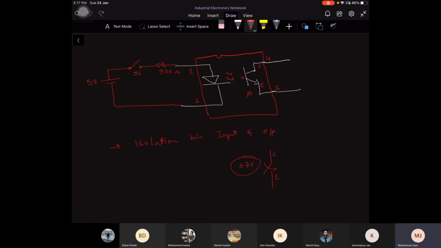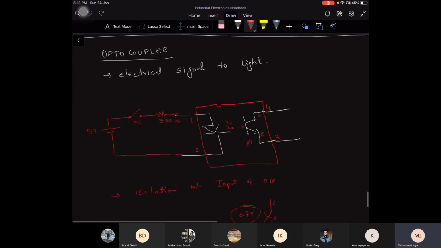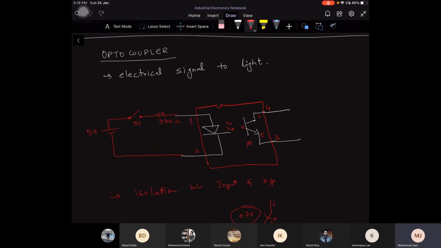So if you are attaching any load to it, you can attach the load at pin number 4 and pin number 3. Let's suppose I'm attaching a relay over here. We attach plus 12 volts over here, and let me attach a relay.